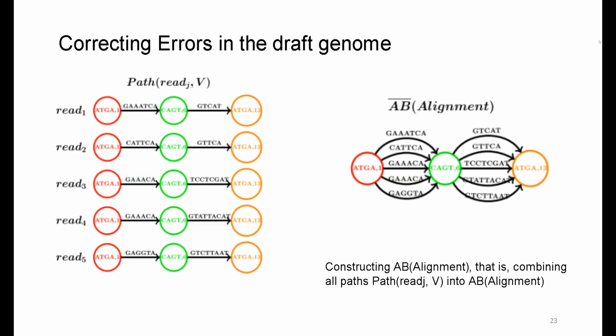We refer to the multiple alignment of reads against the draft genome as alignment, and we label each landmark by the landmark's position in alignment and break each read into a sequence of segments aligned between consecutive landmarks. We further represent each read as a directed path through the vertices corresponding to the landmarks that it spans over.